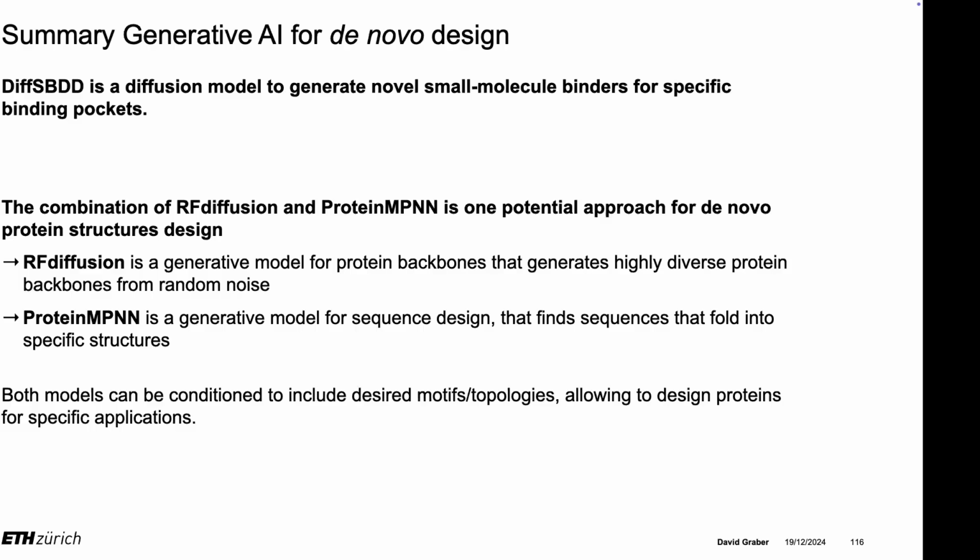I'm saying one potential approach because there are many more models. This is a really competitive field, and you can hardly keep up with all the studies that are published in protein design. But this is one very good combination of models that is frequently used. It's publicly available, and they work really well. But this has in no way been an exhaustive lecture on this field.